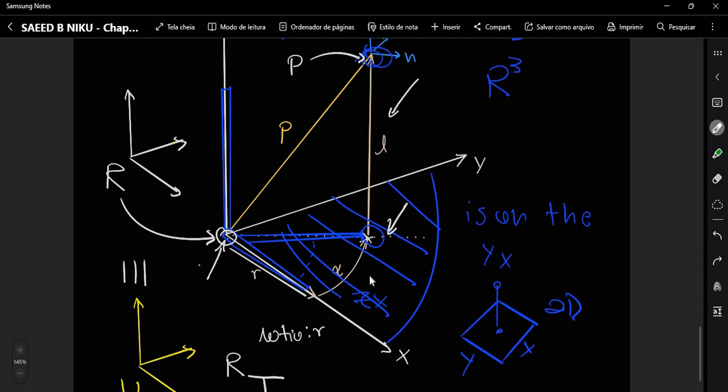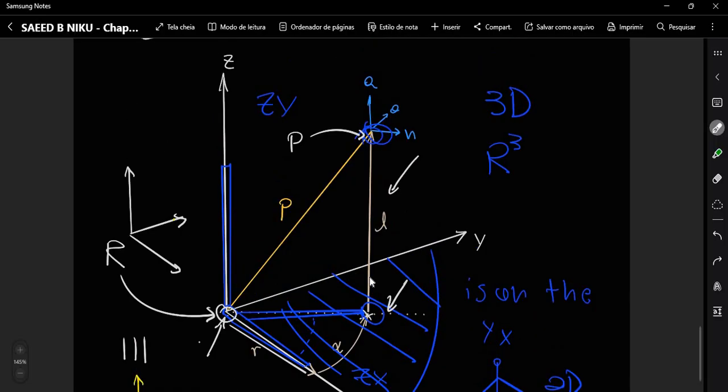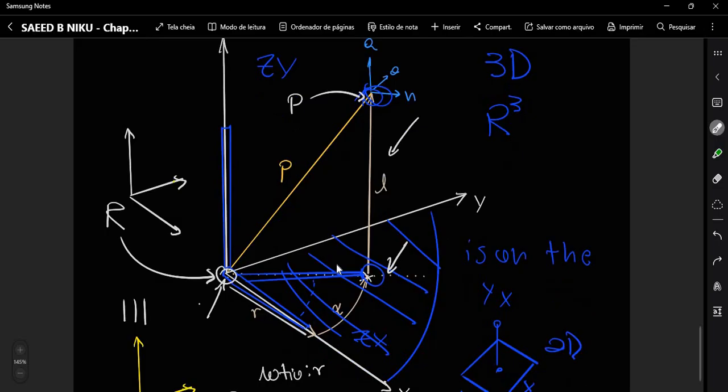We are not yet working with differentials, but you can consider this as a differential because we are talking in terms of points and vectors.